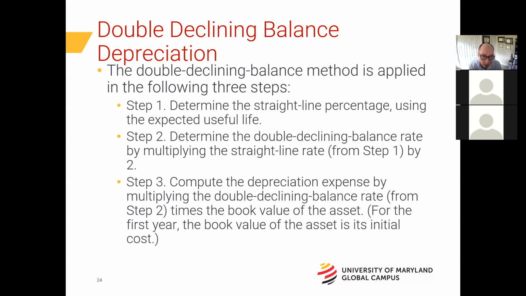Step 2, we determine the double declining balance rate by multiplying by 2 the straight line rate. And step 3, we compute the depreciation by multiplying the double declining balance rate times the book value of the asset.